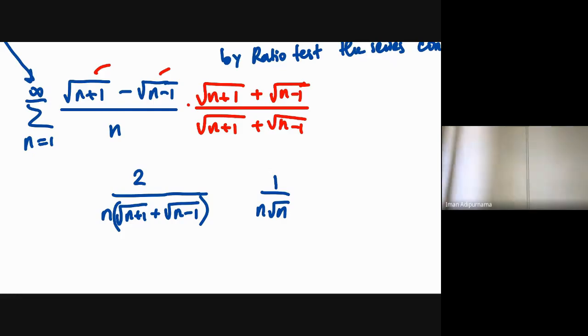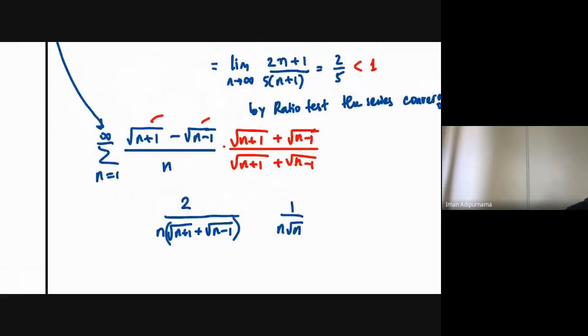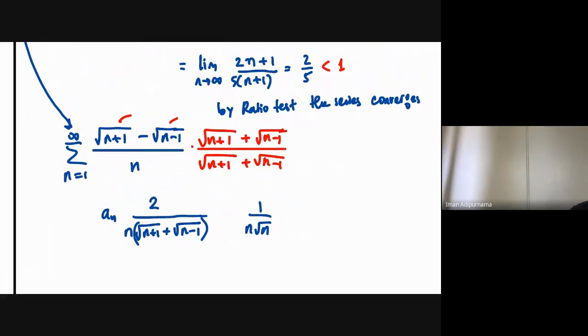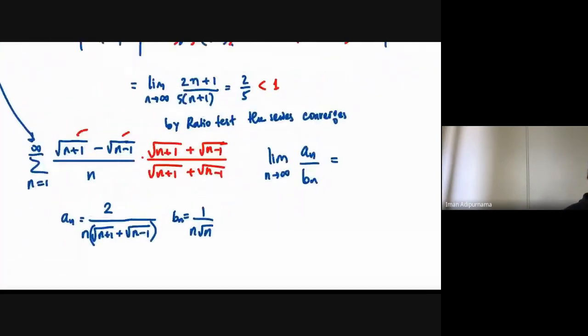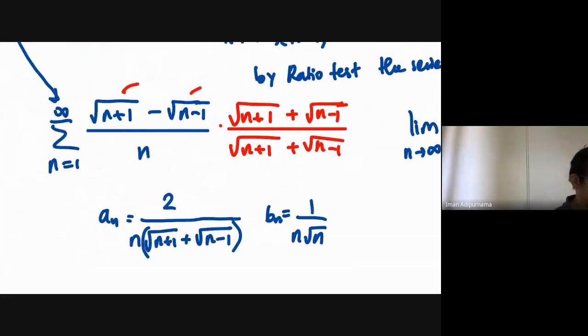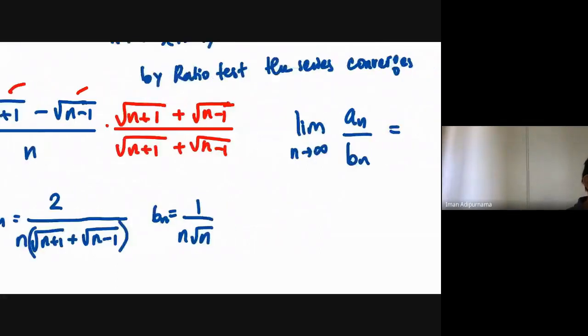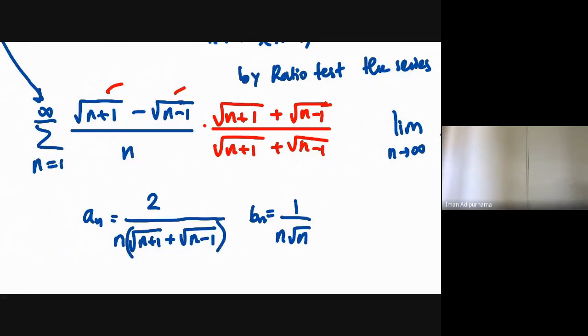Okay. So let's say this is an and this is bn. Now let's write here the limit as n approaches infinity of an divided by bn. So this will be this divided by this.